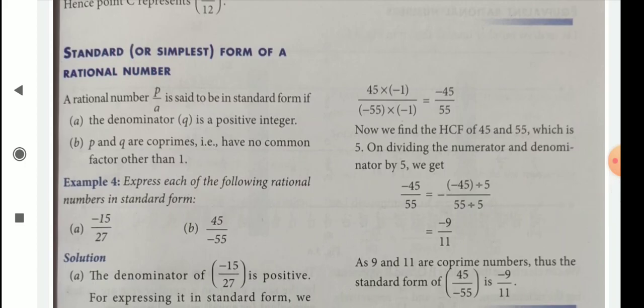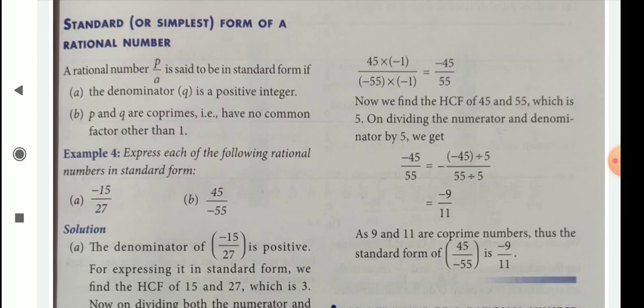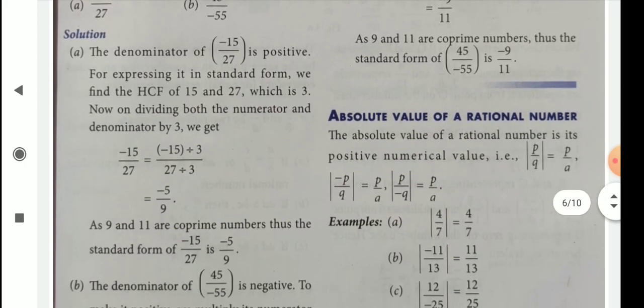Now we find the HCF of 45 and 55, which is 5. Then we divide both numerator and denominator by this 5. Then we get minus 9 by 11, which is the standard form because their HCF is 1. Clear?